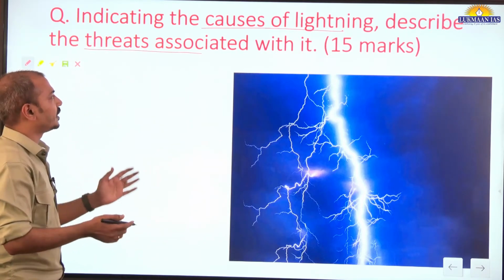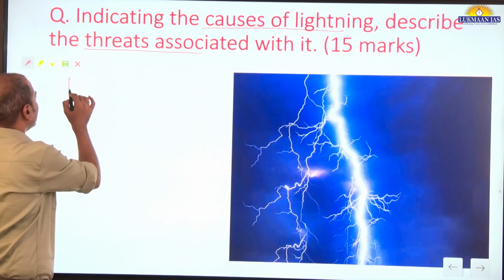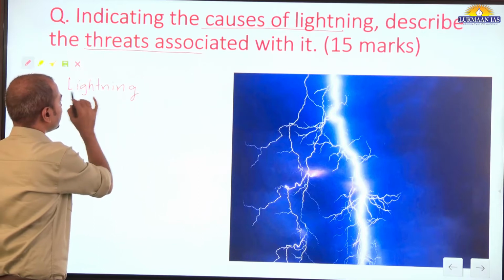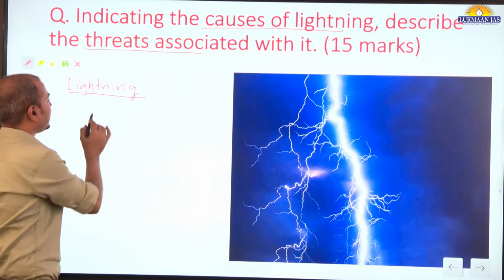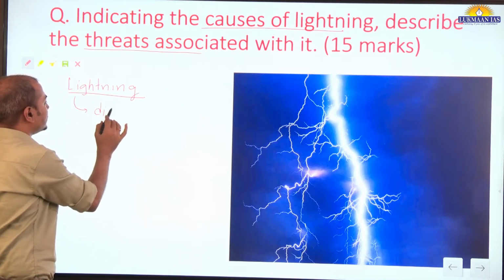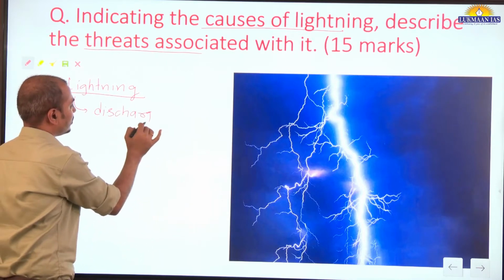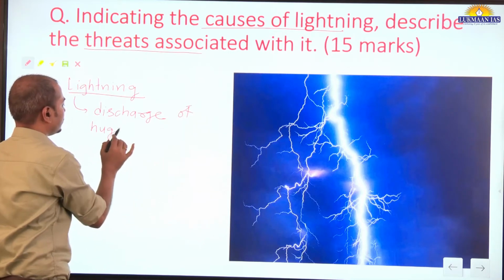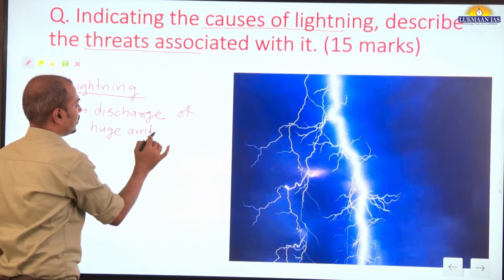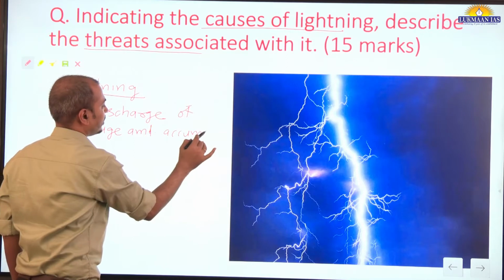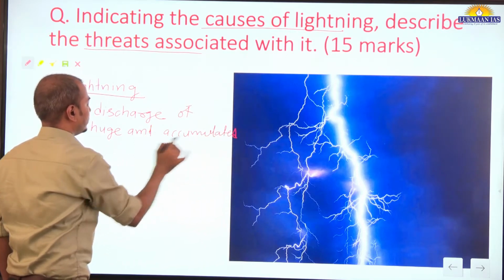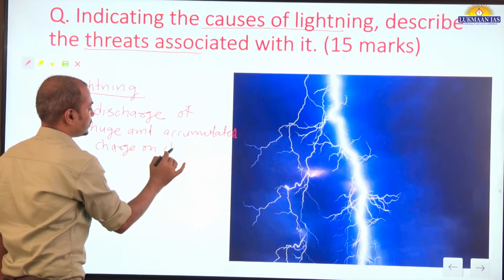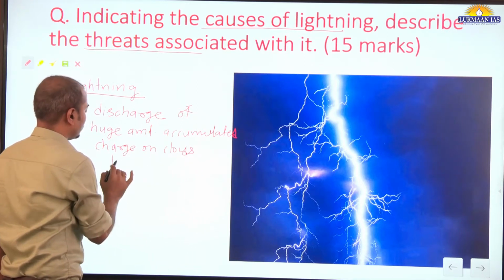So simply you can start by defining or explaining what lightning is, the phenomenon itself. Lightning is nothing but the discharge of a huge amount of accumulated charge on clouds to ground.